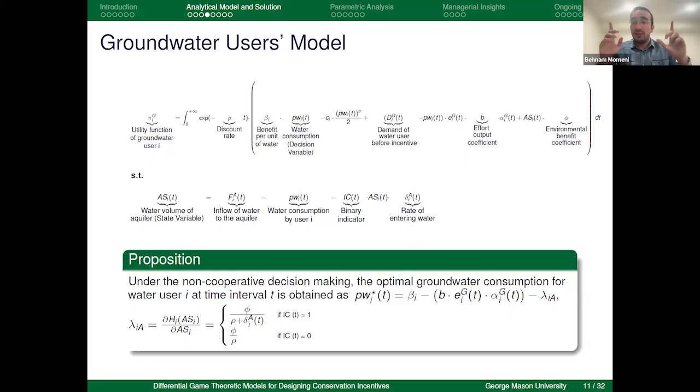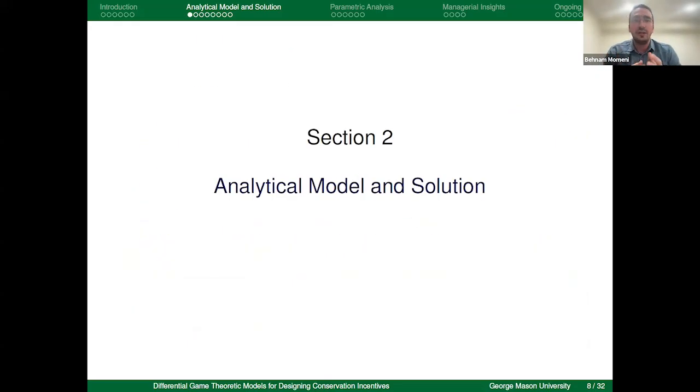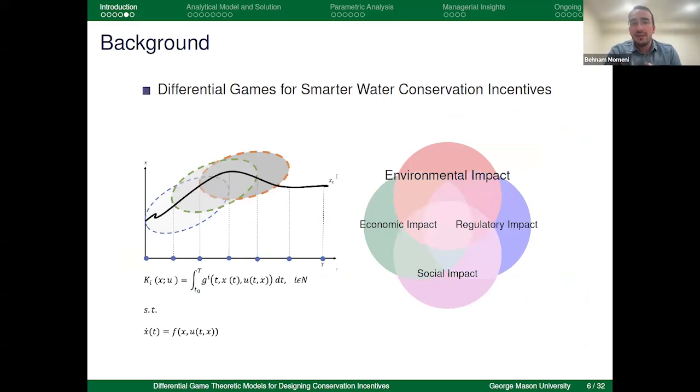And about the time intervals that you mentioned, dynamic games enable us to model time intervals where we have limited information. For example, we have limited information about the spring season. We model that spring season, make the decisions, and find the optimal decision variables. Then the structure of the game will be updated. For example, when we go to the summer, the structure of the game, which means for example the revenue that the water users gain as a result of the consumption of water, changes.